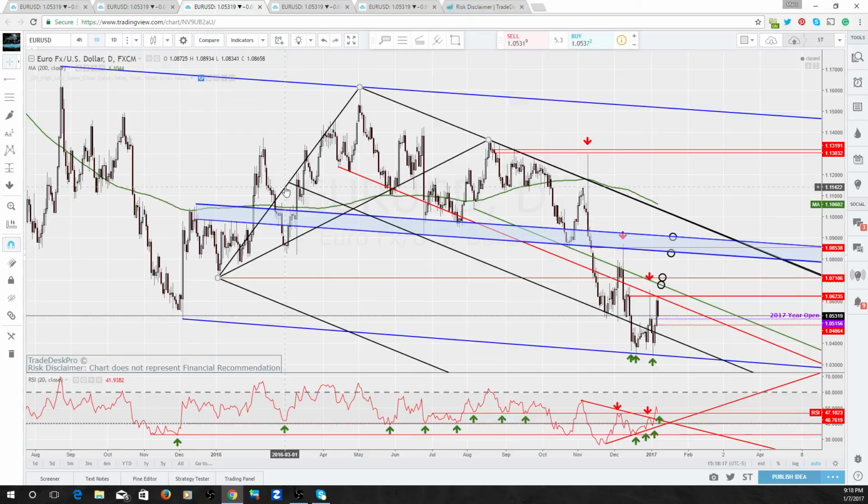This fork is actually a modified Schiff fork, which is a variant of what Andrews developed, and Peter Schiff perfected it, so to speak. So this median line, support here, support here, support here, resistance here. Median line, I want to know where it is. Okay.